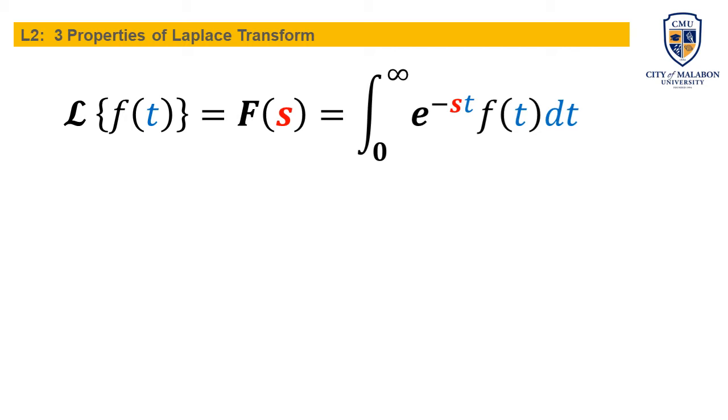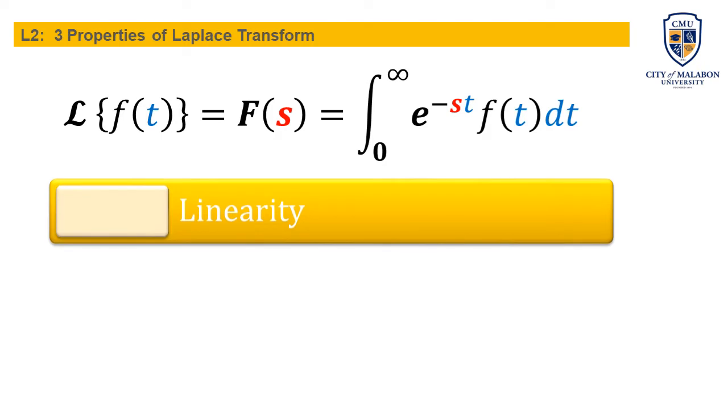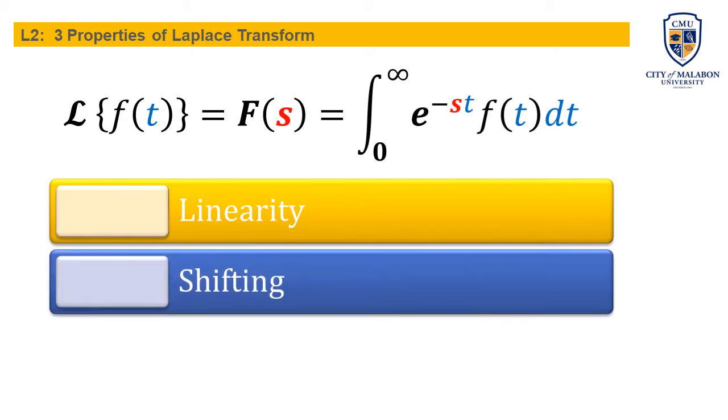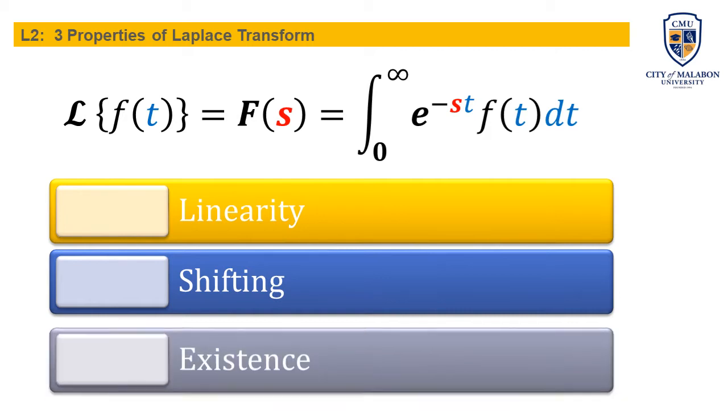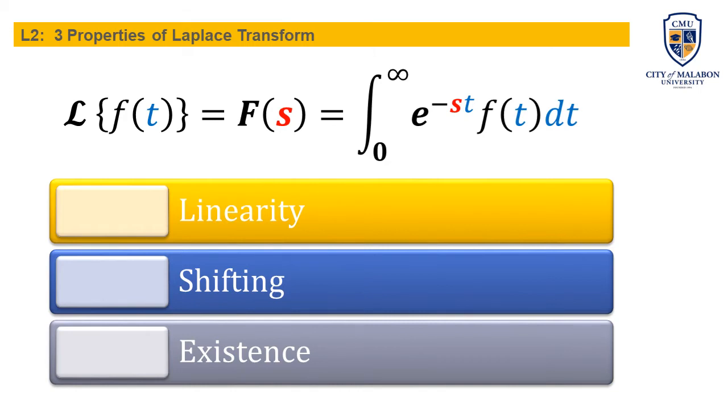So, pakitandaan. Meron tayong 3 properties na i-explore today. First, we have the linearity theorem na importanteng property ng mga Laplace transforms. Next, we'll discuss 2 shifting theorems na magagamit natin sa pag-solve ng mga Laplace transforms. And then, the existence theorem.